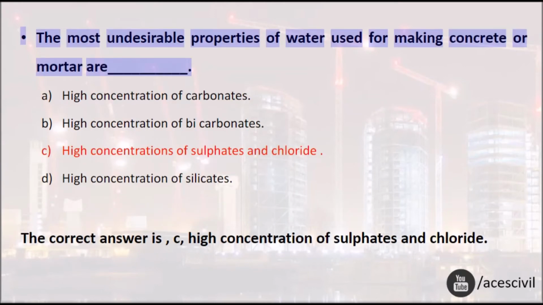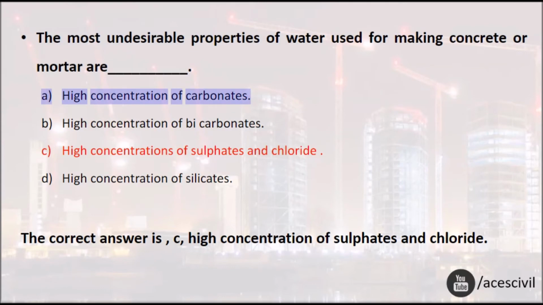The most undesirable properties of water used for making concrete or mortar are A. High concentration of carbonates, B. High concentration of bicarbonates, C. High concentrations of sulphates and chloride, D. High concentration of silicates.